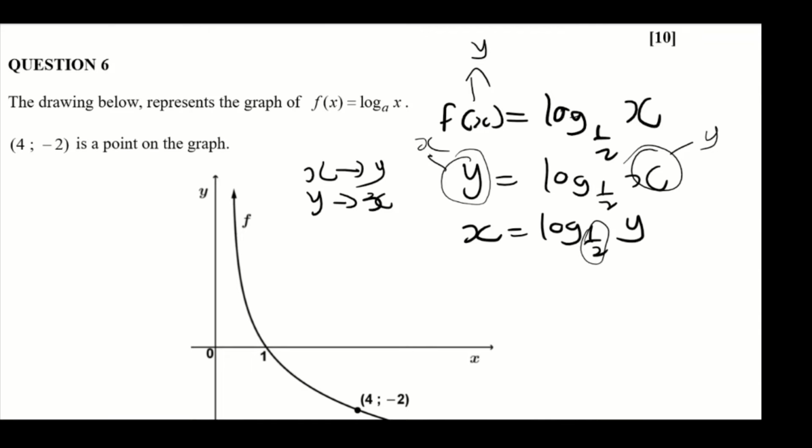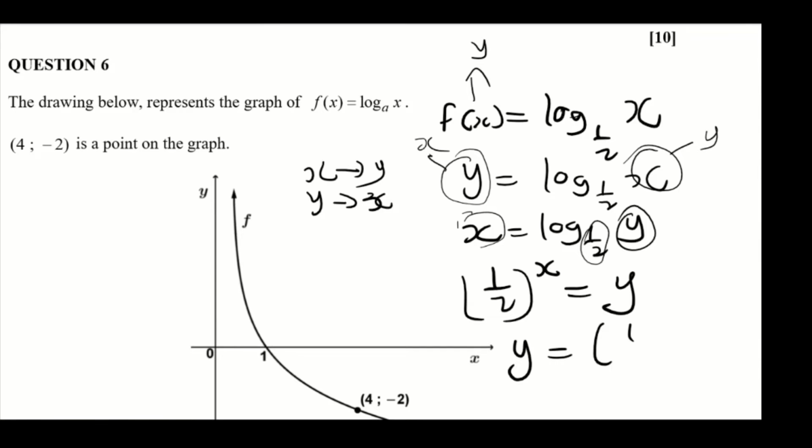So this 1/2 will be to the power of x, right? It's going to be (1/2) to the power of x equals this y here. So our y is equal to (1/2) to the power of x. So this would be our inverse. So it's y equals open bracket 1/2 close bracket to the power of x. So that is our inverse of the function f.